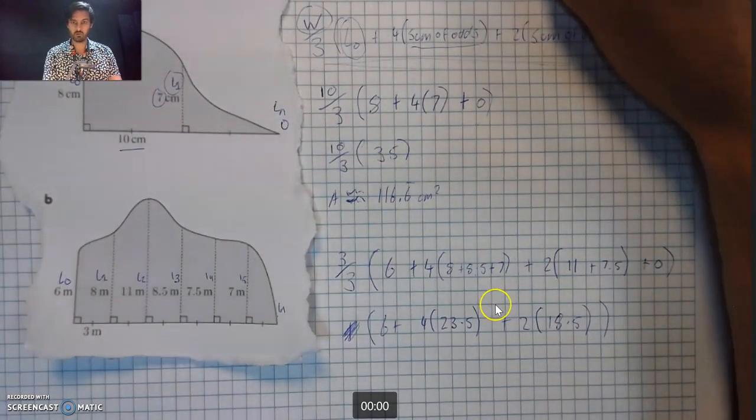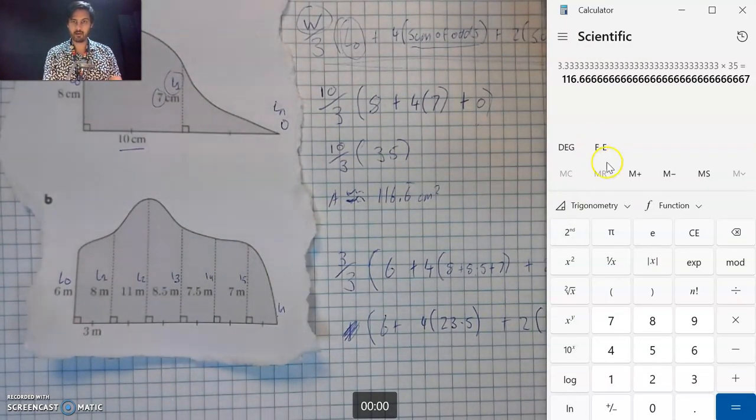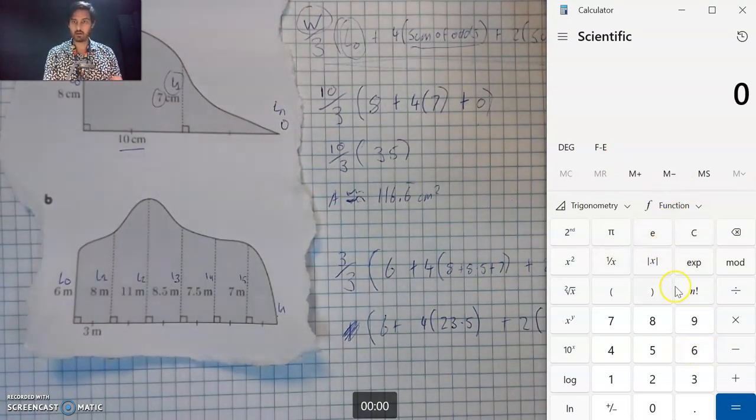All right, so back to our calculator. And we are going to do 6 plus 4 brackets. What do we have? 23.5 in bracket, plus 2 bracket 18.5 in bracket.